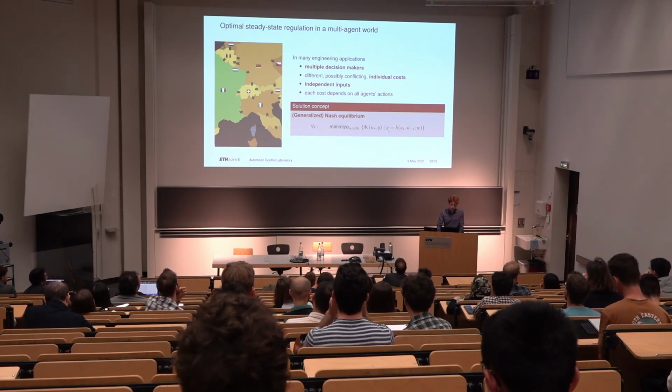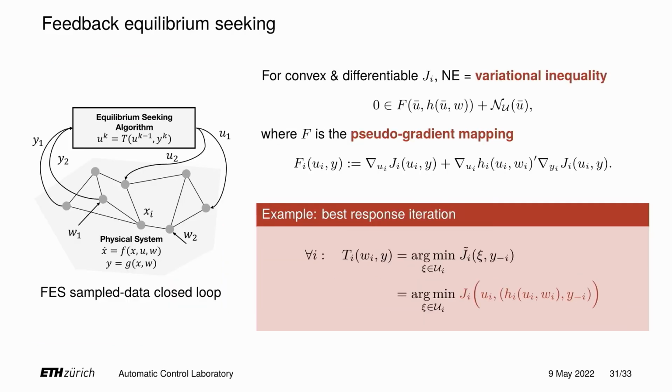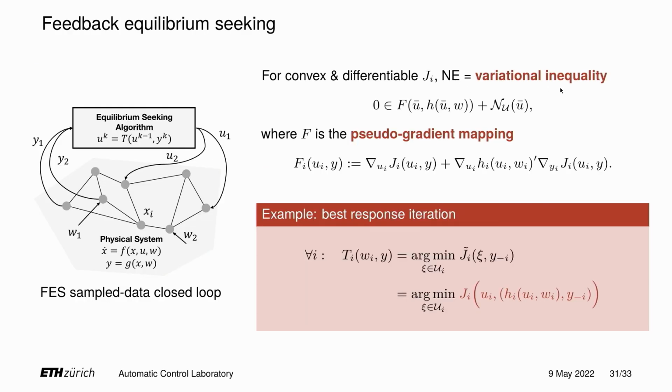You have an output that is also a function of the other agents' decisions, of course, and a cost function, which is a function of your own decision and of this output. Now, if we have a convex and differentiable J_i, so this cost for the individual, phi_i, sorry for the typo, then this Nash equilibrium is the variational inequality that you've seen before, right?